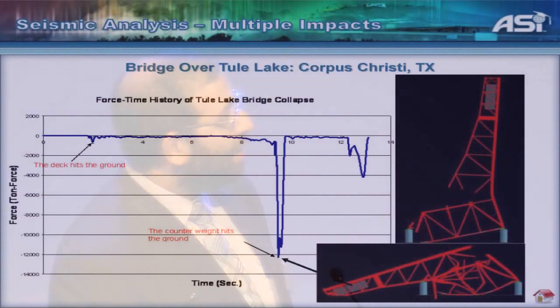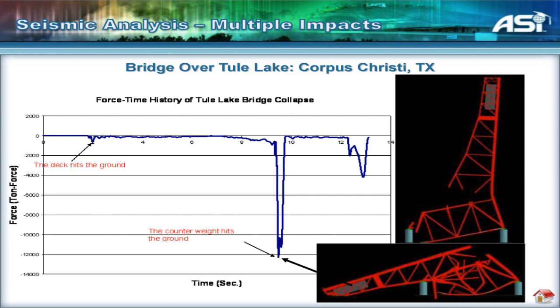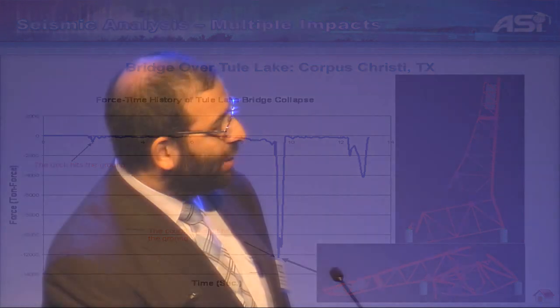This here is a tower that was part of a bridge in Texas, and while demolishing that, two impacts with the ground happen. First, the lower deck hits the ground, and then another impact happens when the top part of the structure hits the ground. And when we put that into our model, we get two impacts.